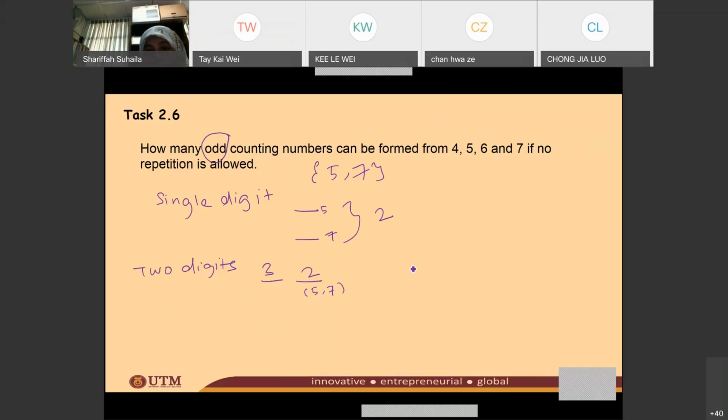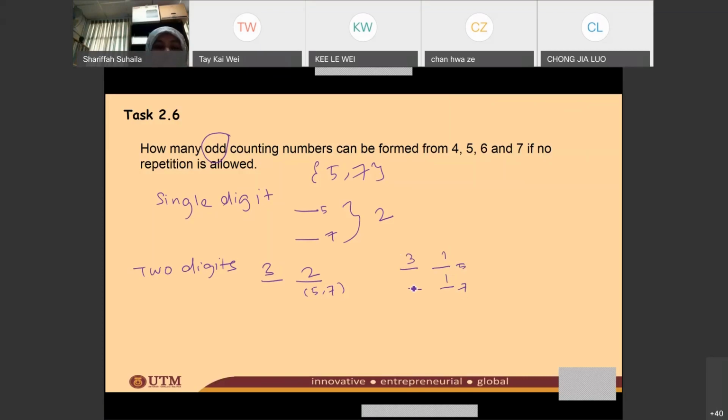Kalau macam confuse mungkin buat macam ni lah. Ini 5, ini 7. Pun boleh lah. Sama je. Okay. So this one, kalau ini 5 ataupun 7, maksudnya kalau 5 kita dah fix kan, kita ada 1 je lah possible ways. Ini kalau 7, 1 je lah. So that means kita ada lagi 3 value kat depan. Ini pun sama.